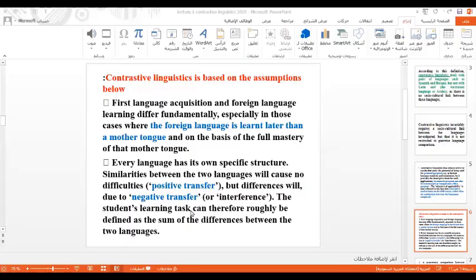Subconscious learning is... Yes, but I have a point here. You asked how a child responds to a language, for example.